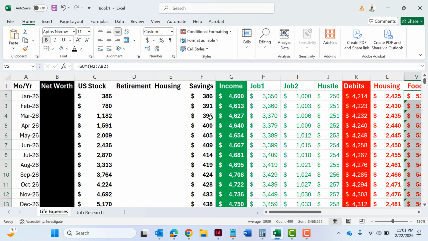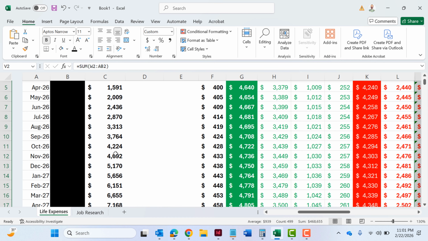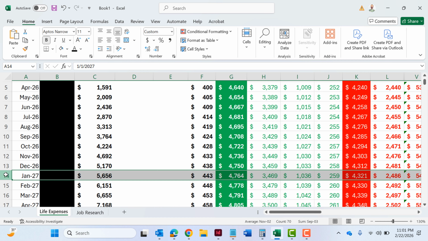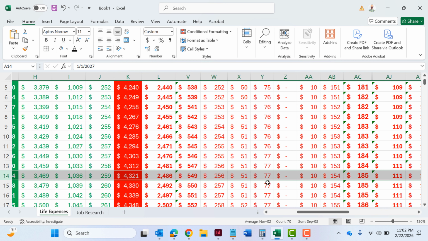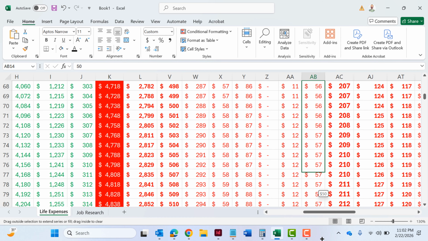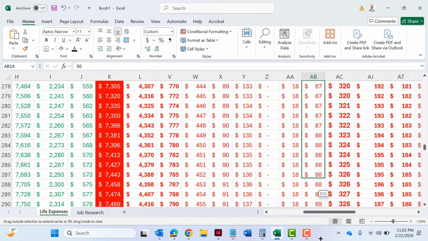So for part 3 of this, I want you to go in and say, okay, I'll make a New Year's resolution. When 2027 hits, and that would be row 14, let's highlight it, I'm going to cut back on going out, and I'm going to cut it down to $50. So it went from 150 to 50. All right. We take that and we pull it all the way down, even though it's already done it. I just want to show you how you pull it back down.